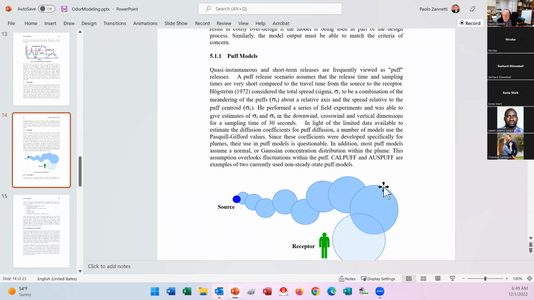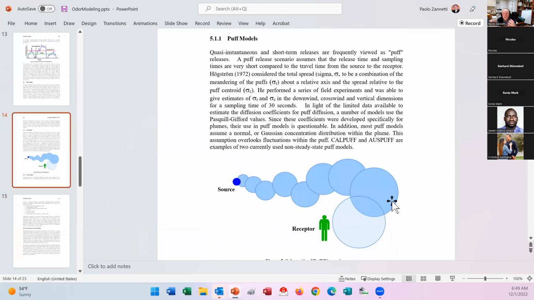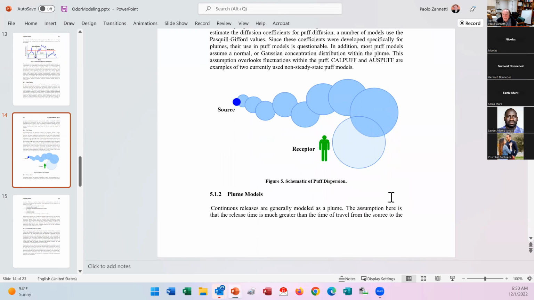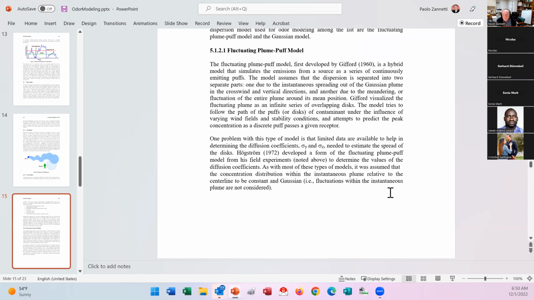And then, of course, you can use all the models that we discussed before, plume model, puff model, particle model, to calculate the concentration. But again, once you calculate the concentration impact, you haven't finished. The next step is to evaluate the odor impact. And that is a challenge.